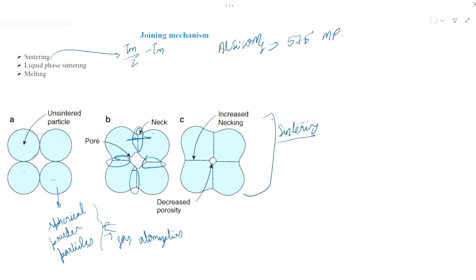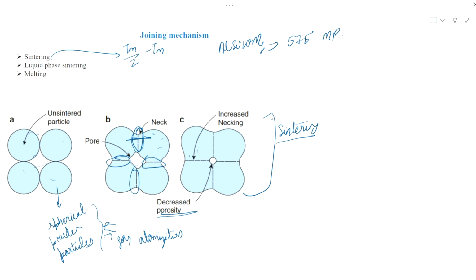As we increase the temperature, again these pores will start to decrease, porosity decreases and necking increases. Necking means fusion or bonding between the particles. So this is the process which is followed in sintering.